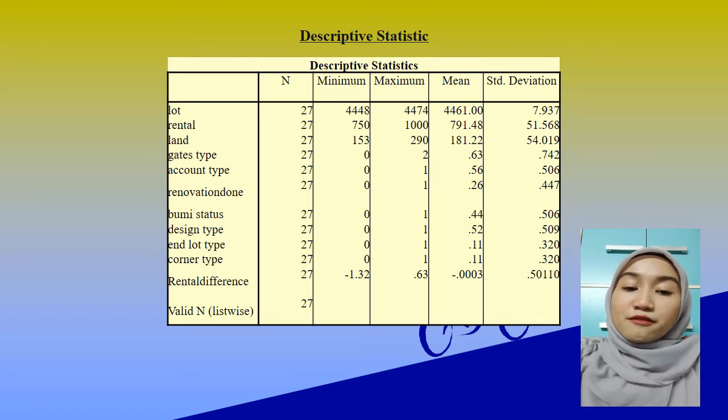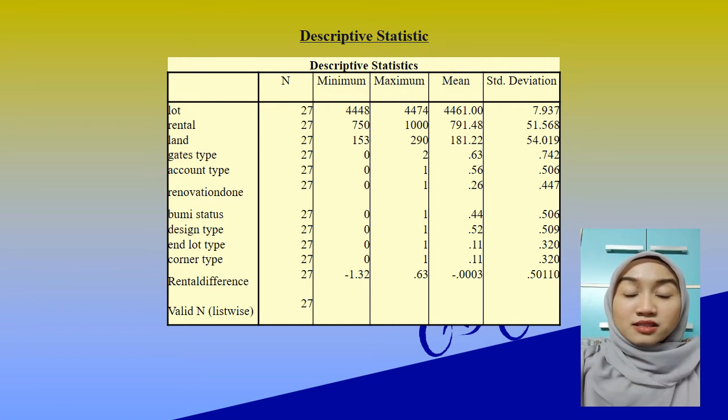Next, 750 is the minimum number of data for the rental, with the maximum number of data that is 1,000, while its mean is 791.48 and its standard deviation is 51.568.